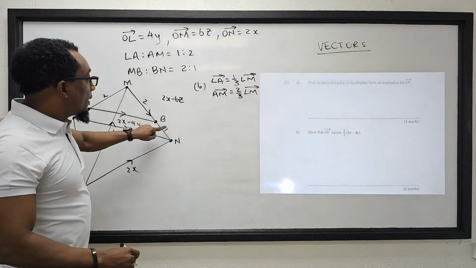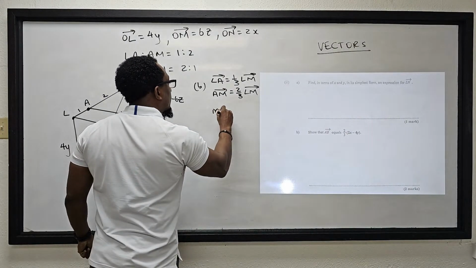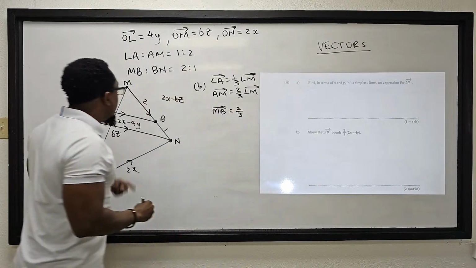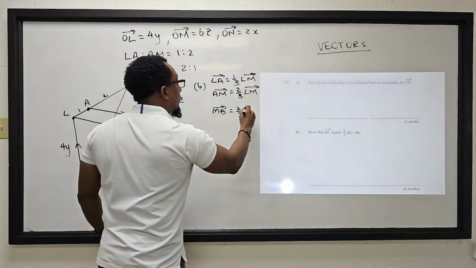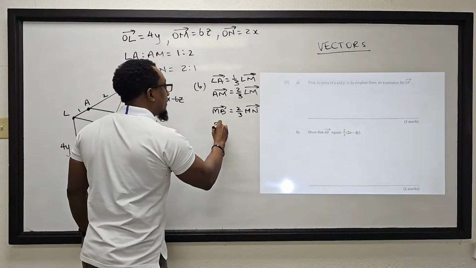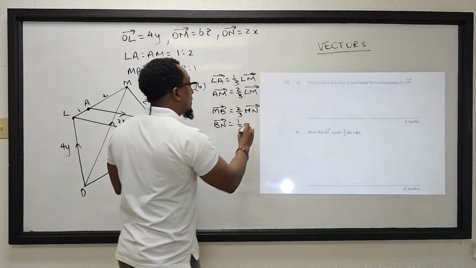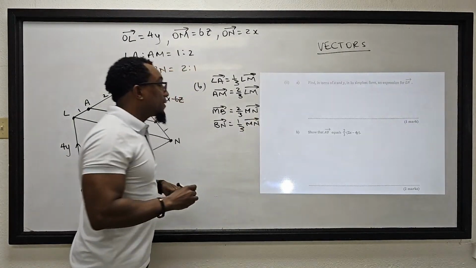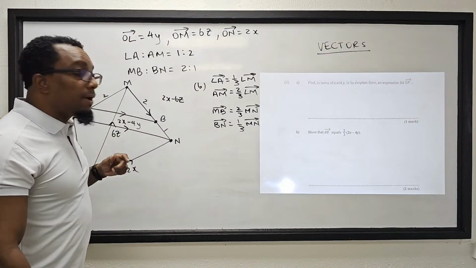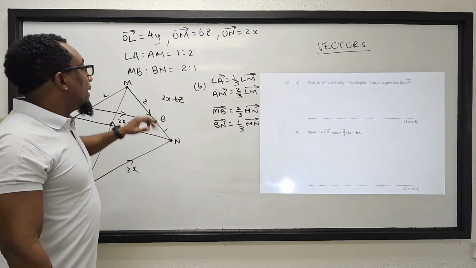It means that 2 plus 1 is 3, and MB is 2/3 of the entire vector quantity MN, and BN is 1/3 of the entire vector quantity MN. So that is what that means. So when you see the ratios, make sure you know what the ratios represent. So what I'm going to do, let's find AM and let's find MB.